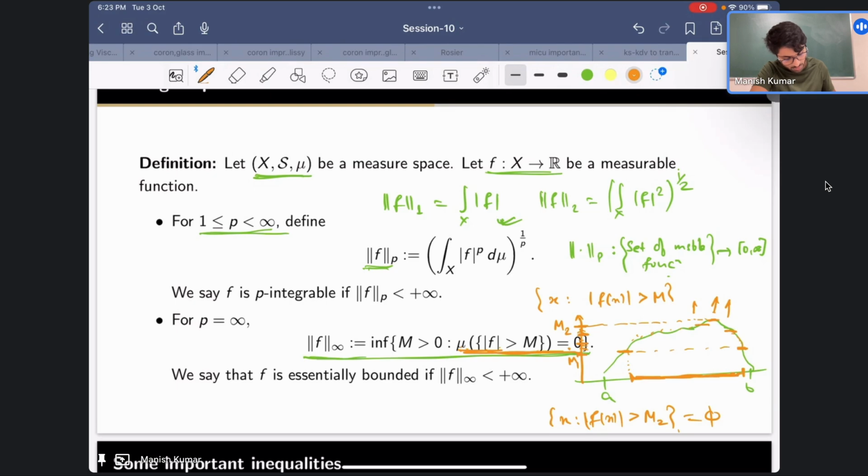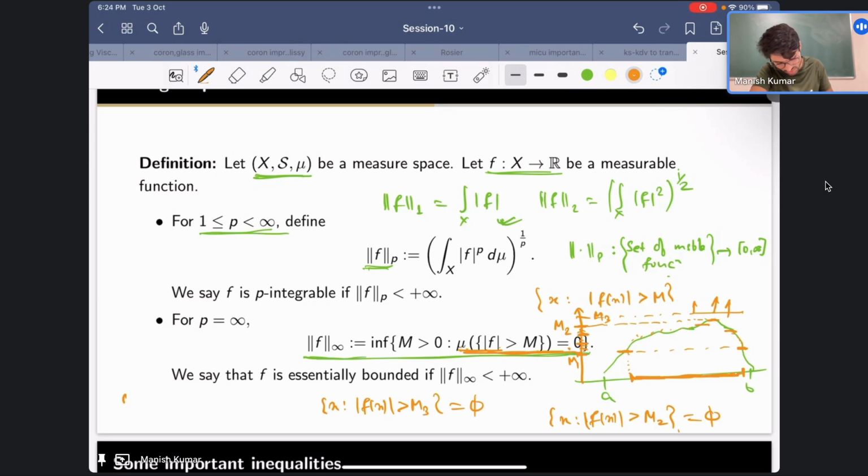Now choose any other point which is greater than this as well. So choose this m3. This m3 is this line. Now consider the set of x such that mod of f(x) is greater than m3. This set is also empty, right? There are no points where the function is taking value greater than m3. So for m3 as well, the measure of that set is 0.